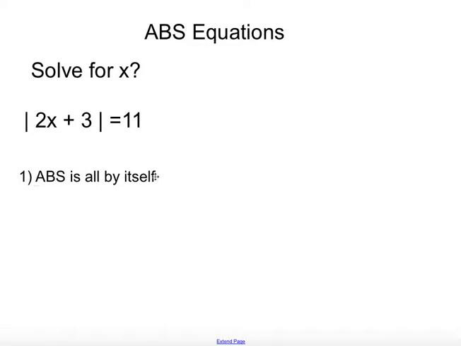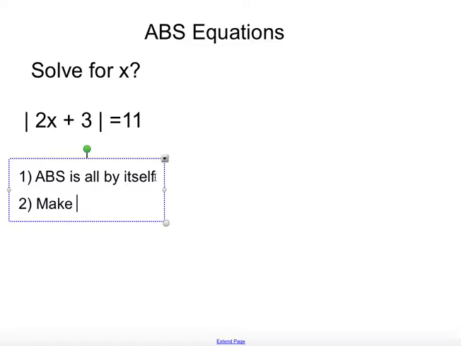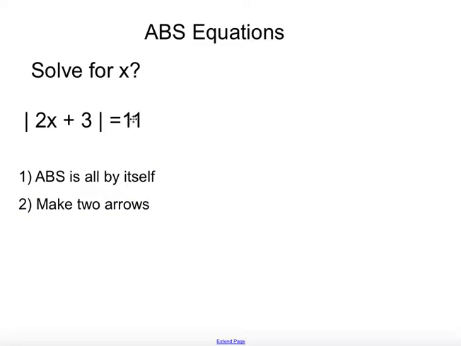step two. Step two would be make two arrows. So in order to get rid of the absolute value, you have to make two beautiful arrows. One here, another here. So it's a very first thing.